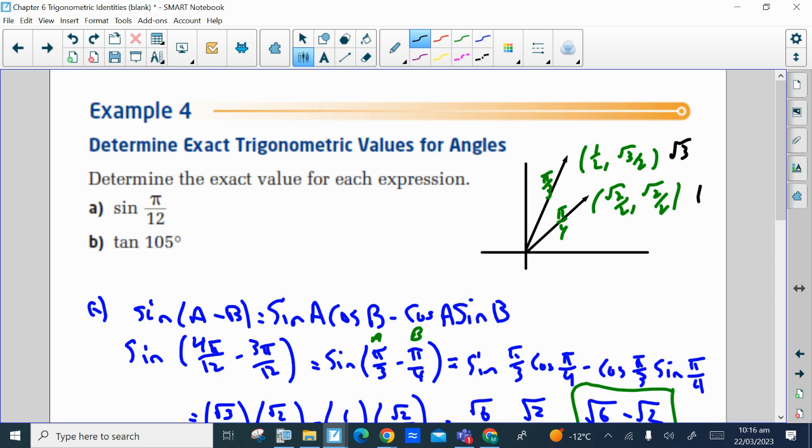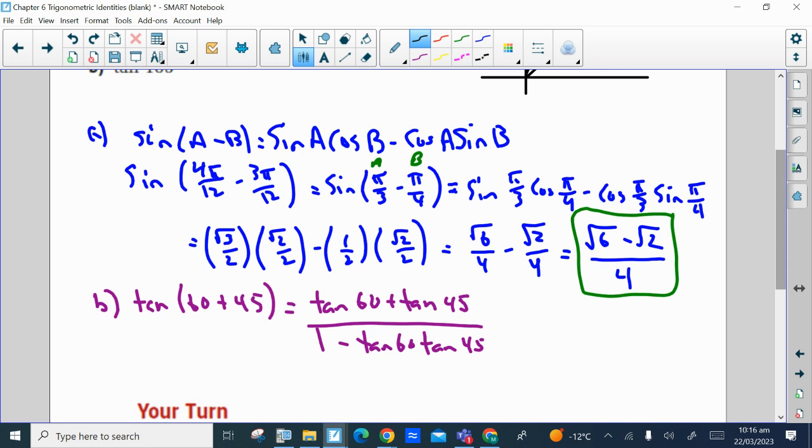So the tan of 60 is root 3, the tan of 45 is 1. So this will be root 3 plus 1 all over 1 minus root 3 times 1, which gives us root 3 plus 1 over 1 minus root 3.